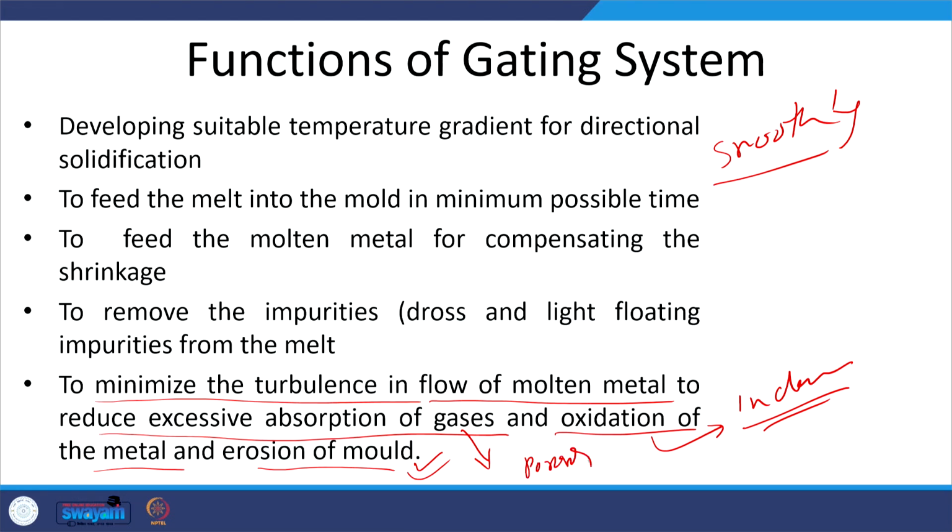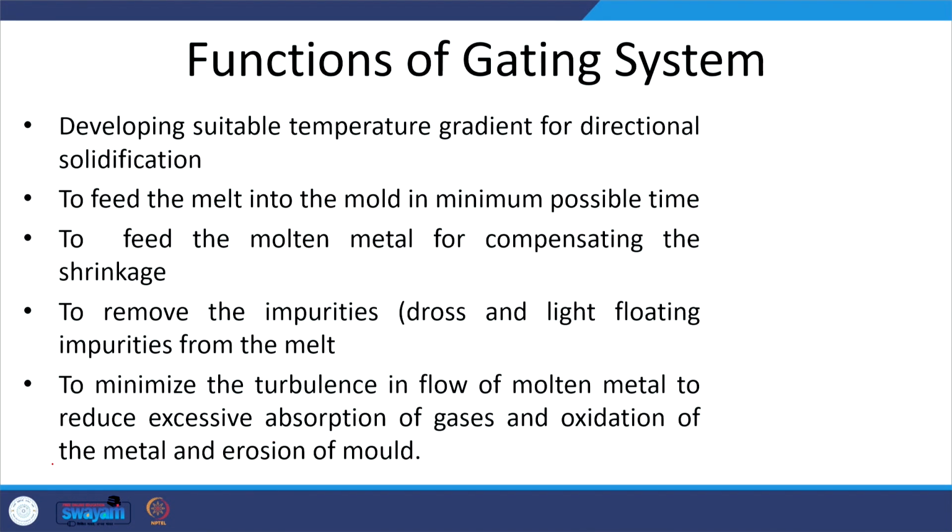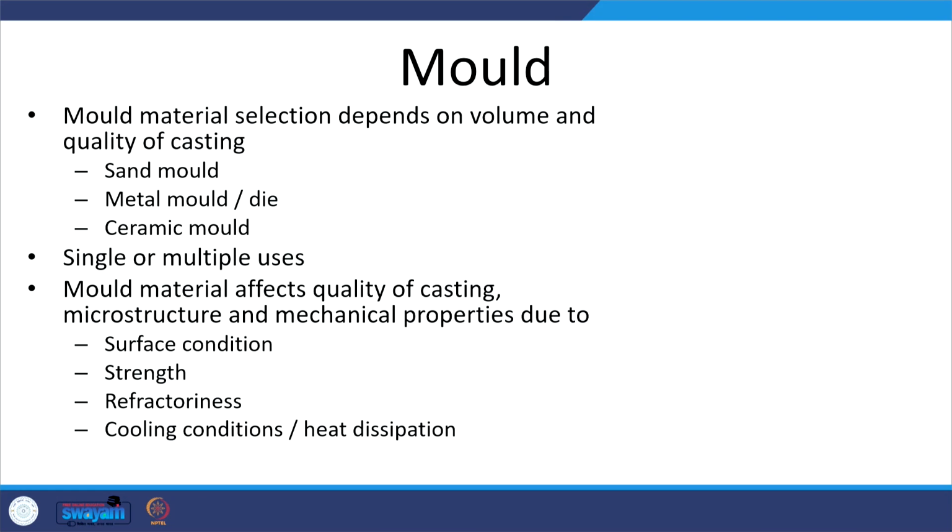So, in order to produce a sound casting, it is important that the turbulent flow of the molten metal is avoided, and this turbulence is minimized by ensuring the proper design of the gating system, so that the molten metal is filled in the mold smoothly.